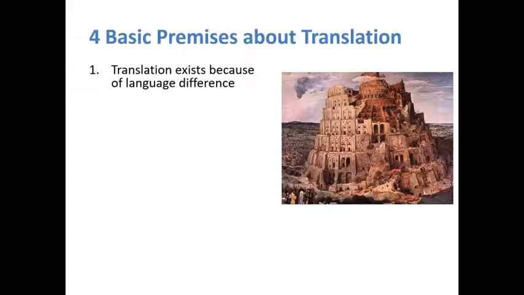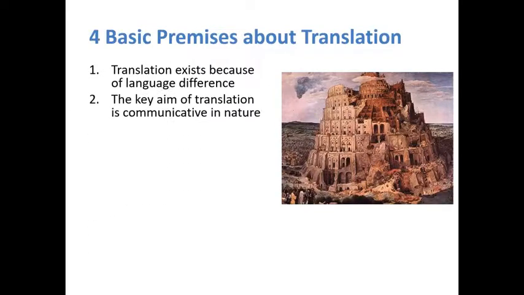We need to navigate the language difference, and therefore we need translators, because we would never be able to learn every single language on earth. So we want to access certain messages in languages that are unknown to us. We need to rely on translators and translation.